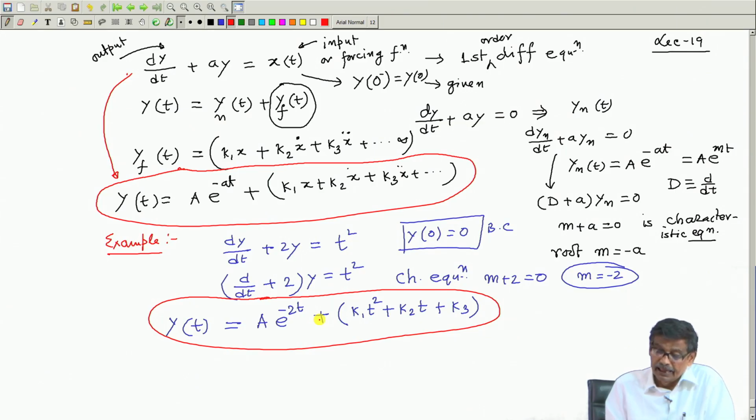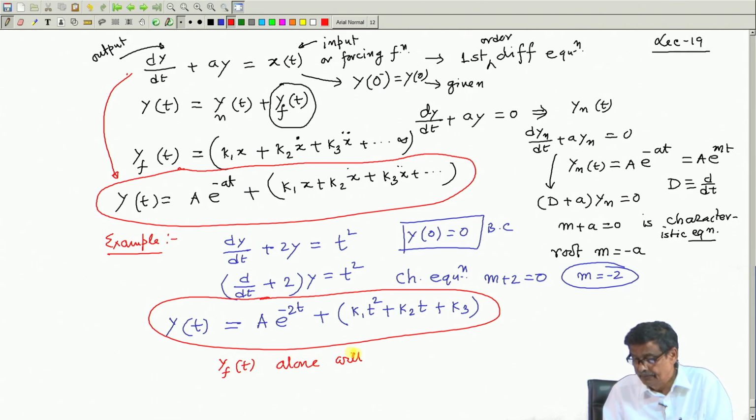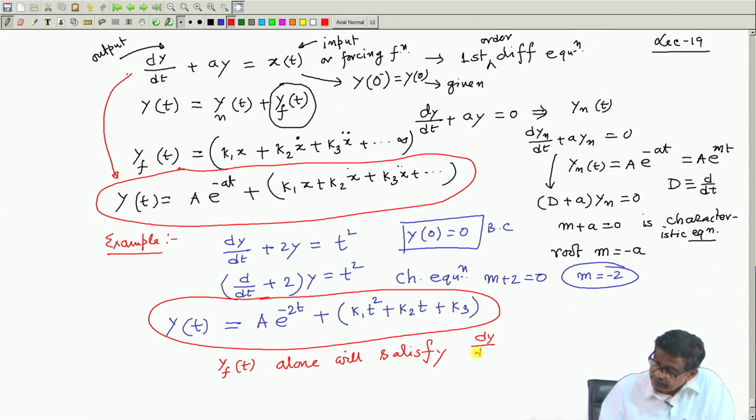I told you one thing, this point is to be remembered: y_f(t) alone will satisfy the differential equation dy/dt plus a y is equal to x(t). It has to, because the y_n part will always give rise to 0.